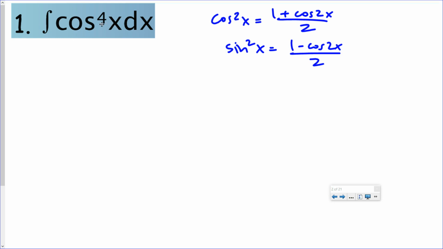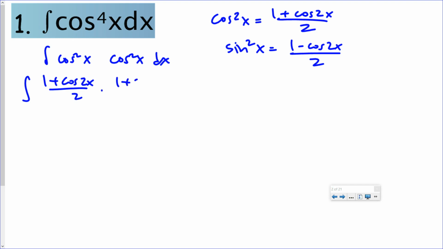And so how do I replace this with this? Well, I need cosine squared x, and cosine 4x is actually just made of 2 cosine squared x's, right? So what I have here is 1 plus cosine 2x over 2 times 1 plus cosine 2x over 2 dx.